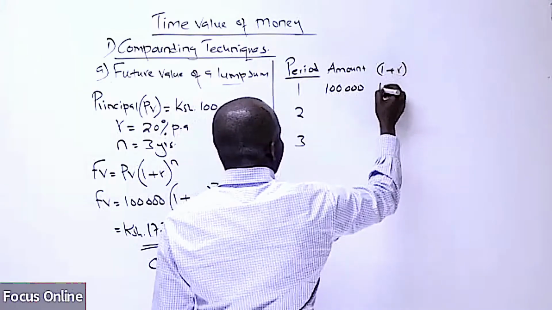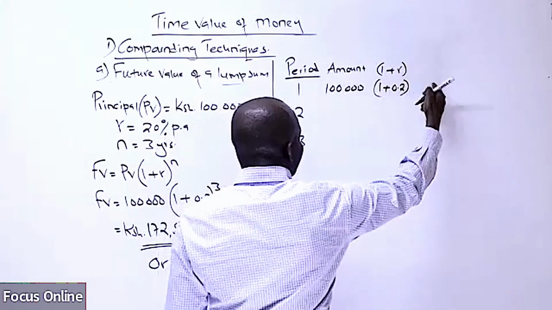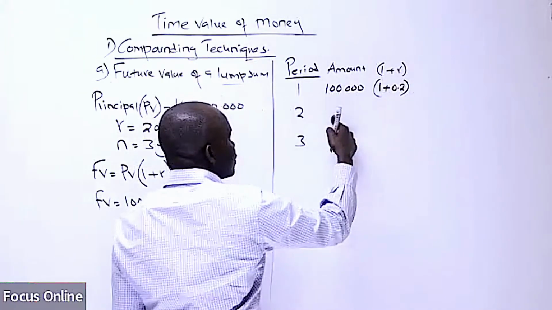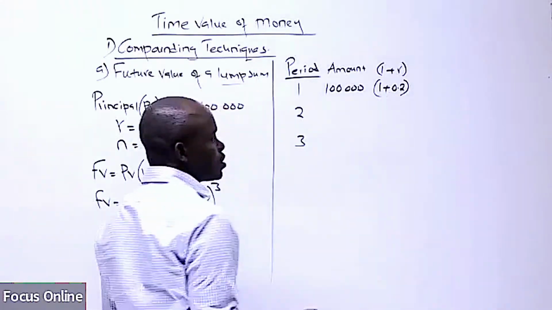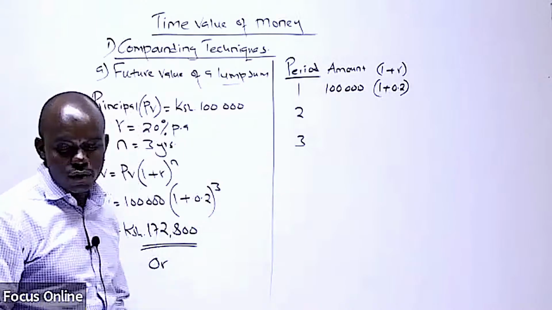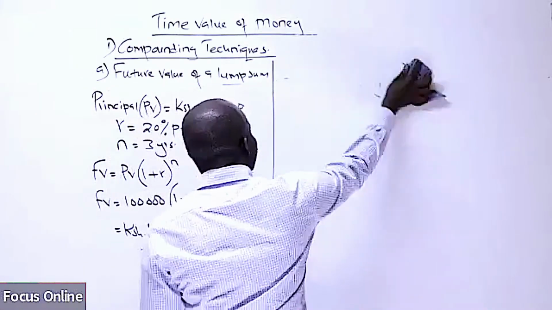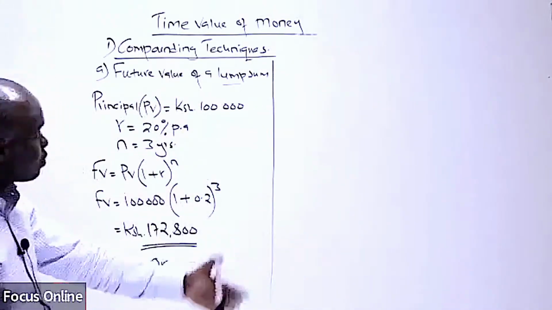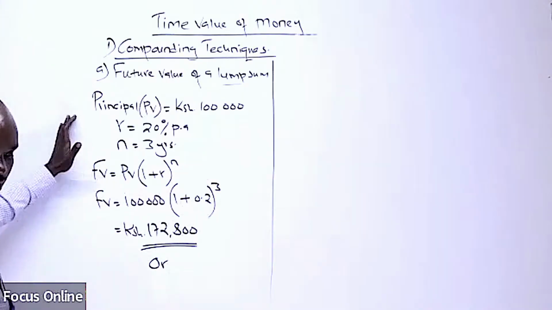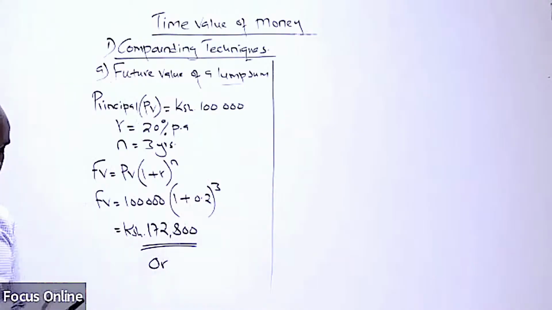Where you say here it's 1 plus 0.2, the figure that you get here, you bring it here, then you continue. But that will not apply in this case because we are only investing once. So you grow by that rate. Just stick to this formula. Any question before you continue?